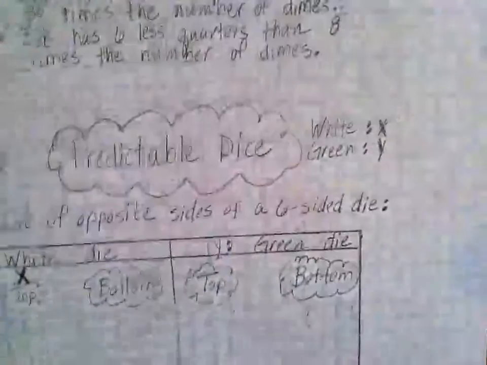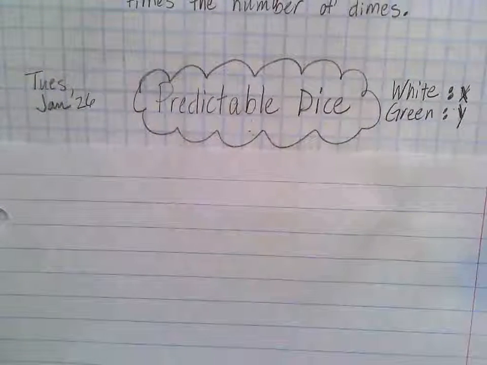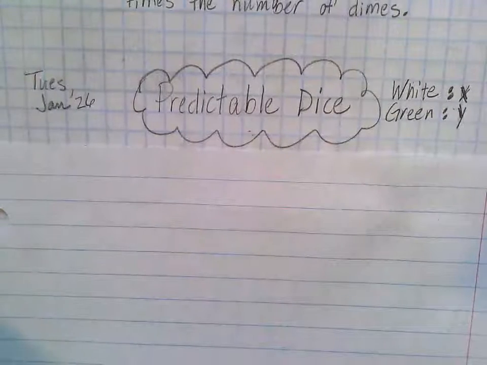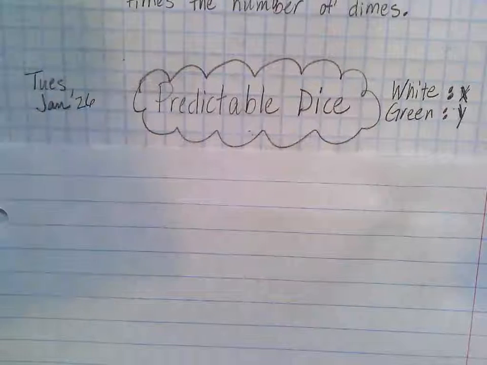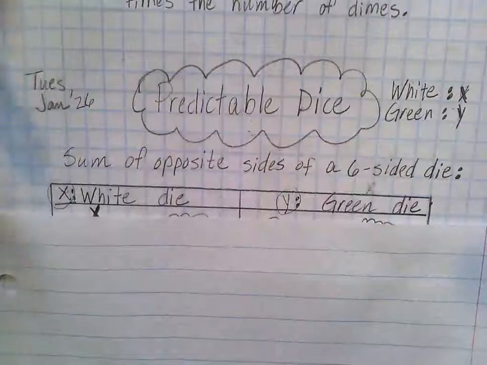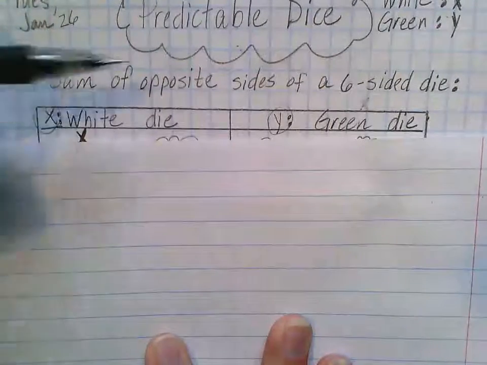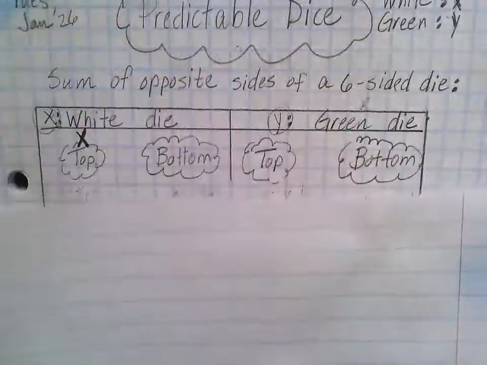So, you know Mrs. Porish, she likes her tables. The first thing we're going to do is set up a table, and the table is going to have the possibilities for the white die and for the green die.